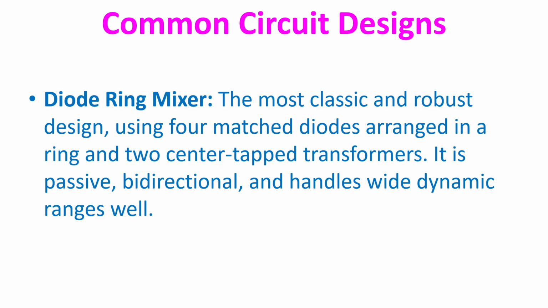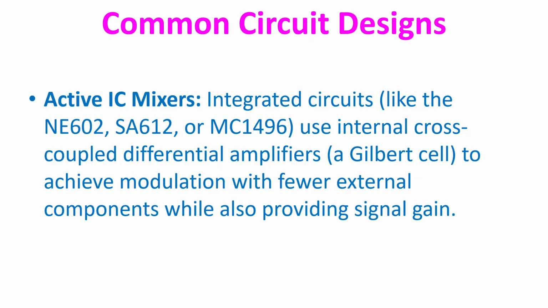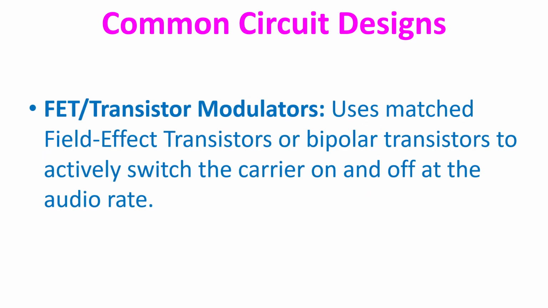Common circuit designs. Diode ring mixer, the most classic and robust design, using 4 matched diodes arranged in a ring and 2 center tapped transformers. It is passive, bidirectional, and handles wide dynamic ranges well. Active integrated circuit mixers. Integrated circuits like the NE602, SA612, or MC1496 use internal cross-coupled differential amplifiers, a Gilbert cell, to achieve modulation with fewer external components while also providing signal gain.